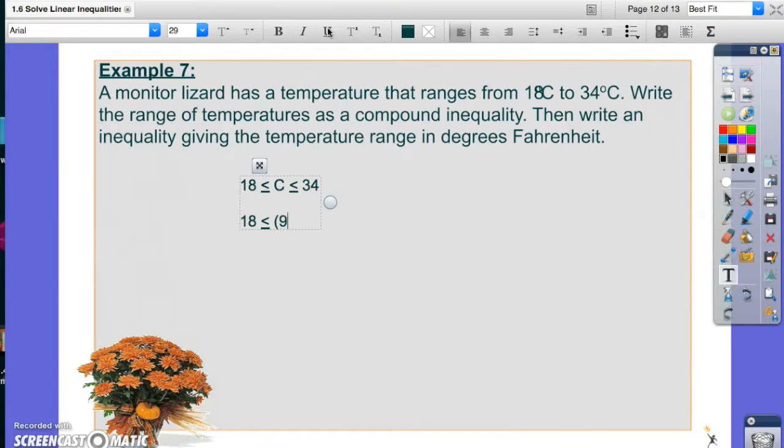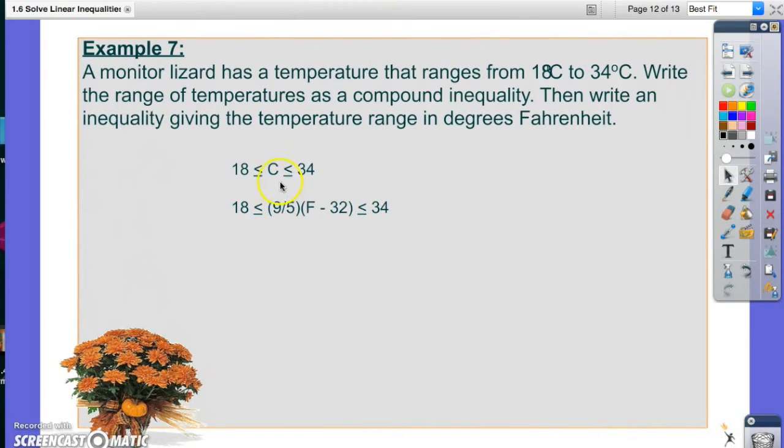Do you remember, Celsius equals 9/5, open parenthesis, Fahrenheit minus 32. And we talked about that in lesson 1.4. So instead of C, C equals 9/5 times the quantity F minus 32.